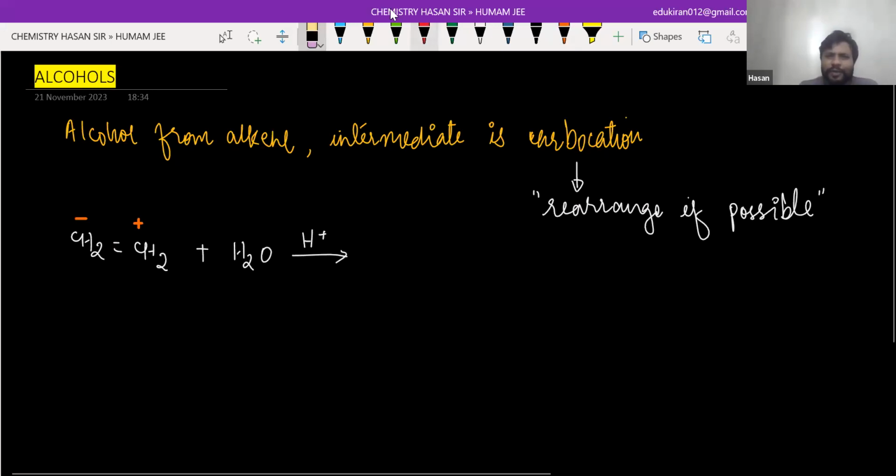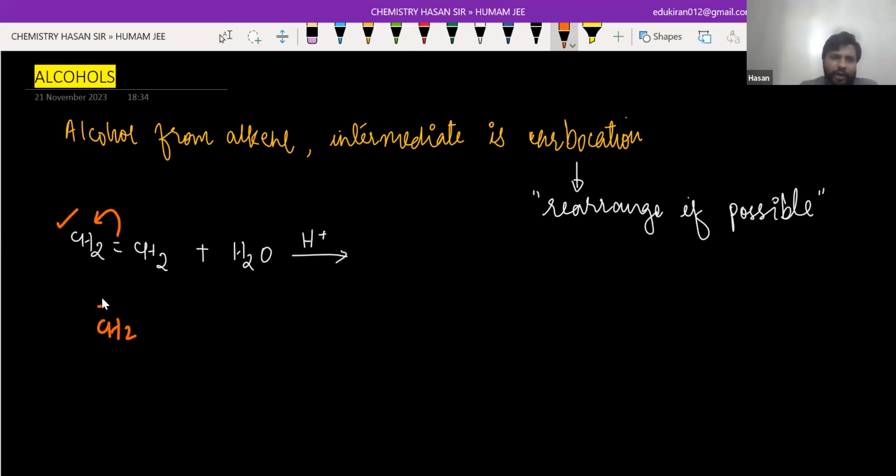Heterolytic cleavage took place, so one carbon took the other carbon's electron, giving a negative charge and a positive charge. For explanation, I'm going to write more steps and remove the positive and negative in a single step. Since the arrow is in this direction, I can write CH2 negative, right? Can I write this?